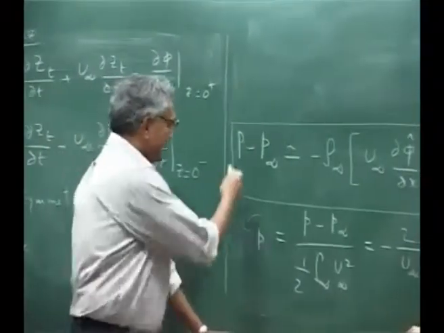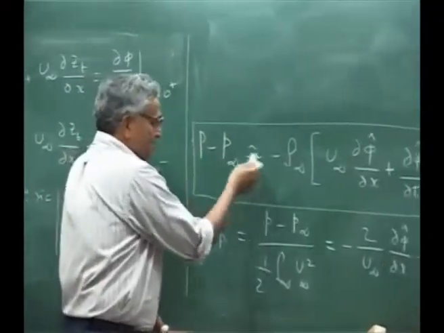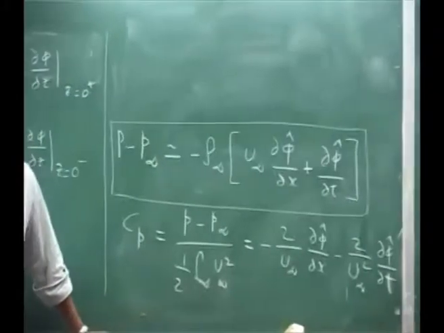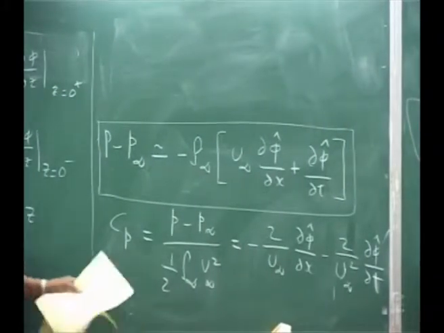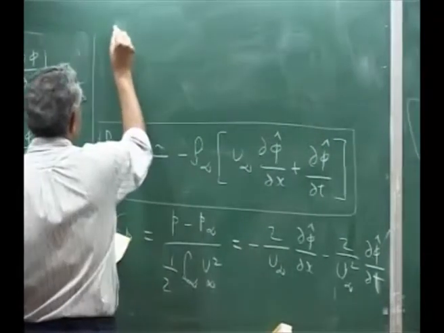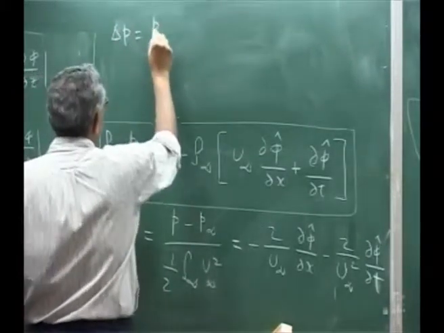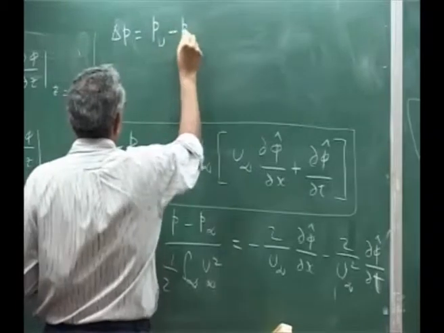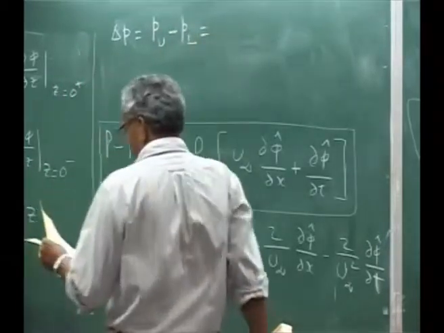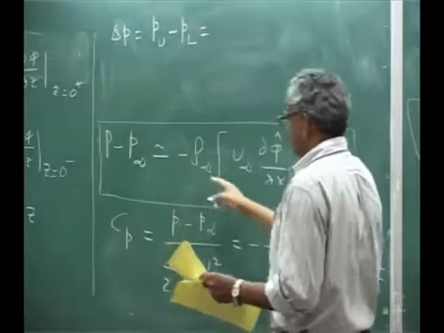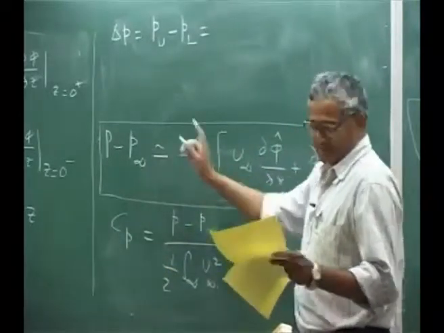Lower surface, again PL minus P infinity is this. So if I subtract upper minus lower, which is the delta P, the differential pressure, I write this term, because P infinity is anyway a common term that will go off.